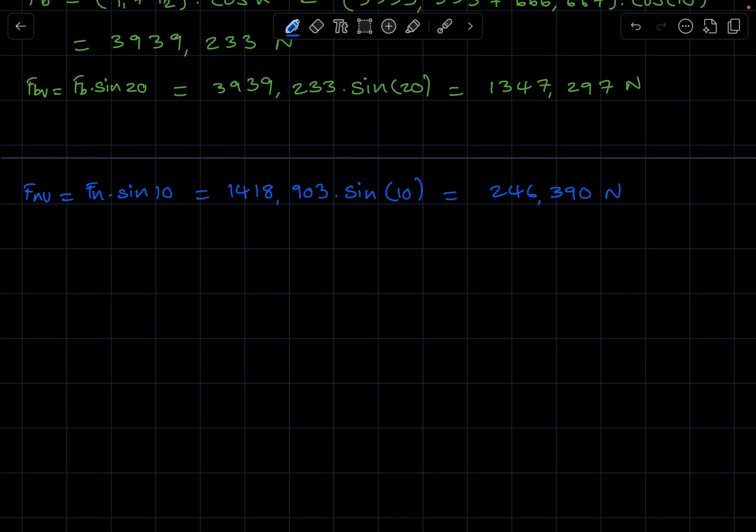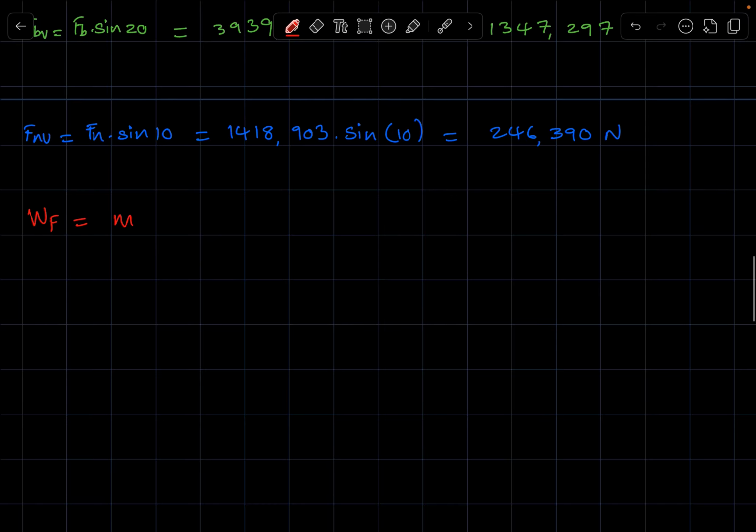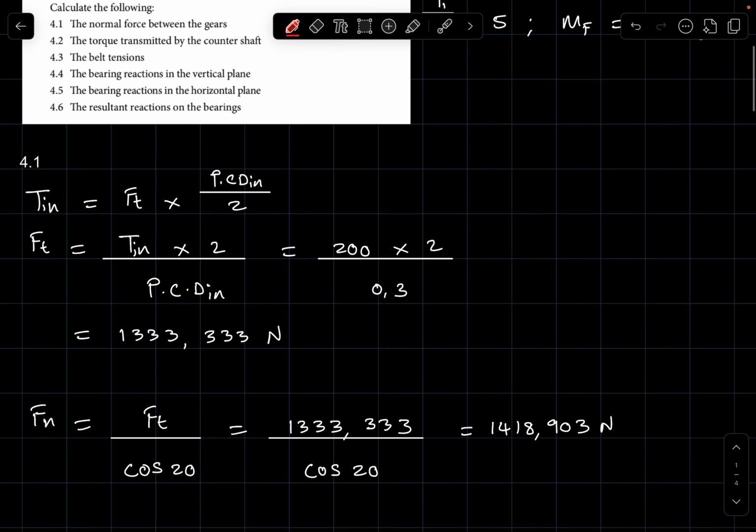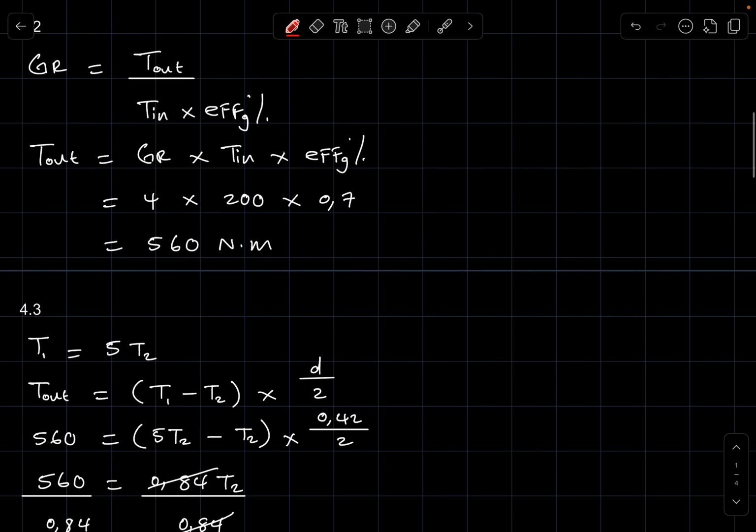Right, so now we can also calculate the weight of the flywheel, which of course is the mass of the flywheel times G. The mass as given is 200 kgs.